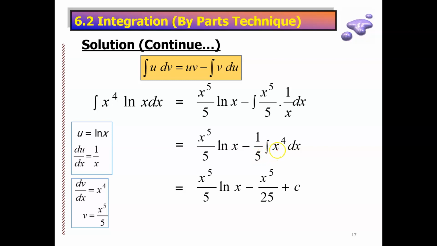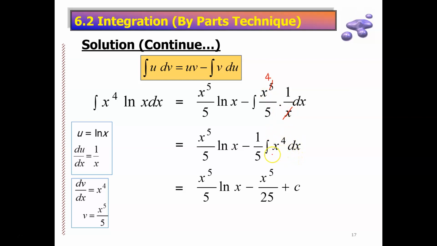So, you have x to the power of 4. Why is it x to the power of 4? Because dekat sini kita ada x to the power of 5 and over here bahagi dengan x. So x to the power of 5 divide by x, so dia become x to the power of 4. Kalau bahagi kan kita tolak satu. So tinggallah x to the power of 4 dx.